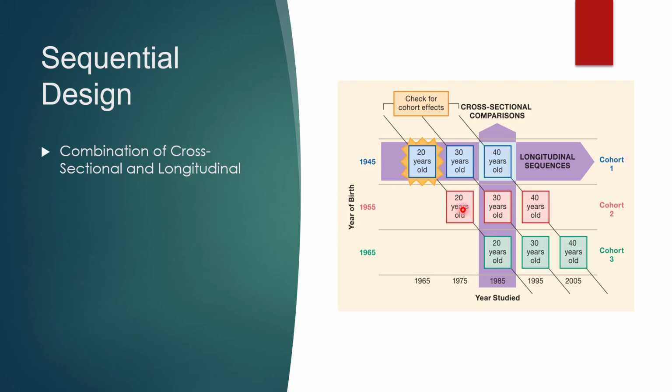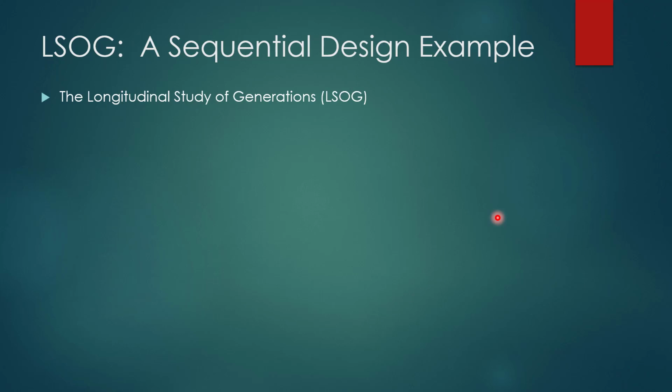So it says another group of individuals at 20, 30, and 40, another group of individuals at 20, 30, and 40. So here you have cross-sectional. So it allows it to kind of control for some of those things that are wrong with, or the disadvantages of, your cross-sectional and longitudinal studies, but gets the advantages of both of those as well.